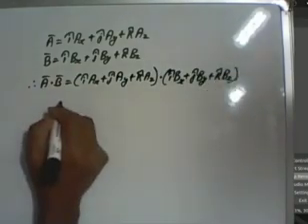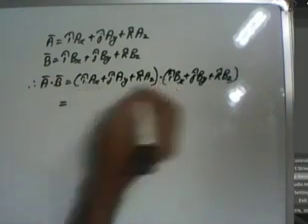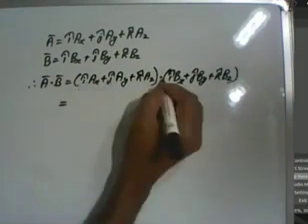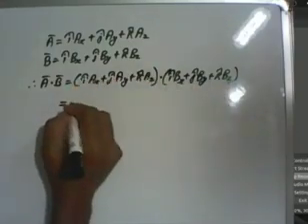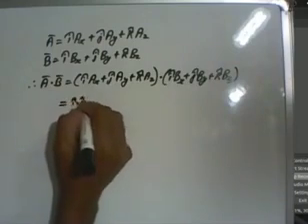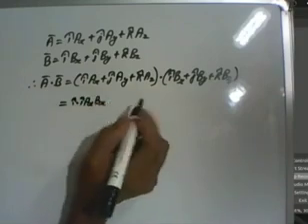So if we multiply this, we have to multiply all the terms. So here you get i dot i ax bx, this is the first term.